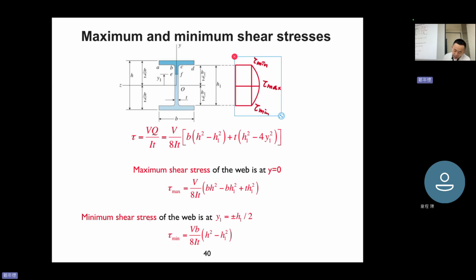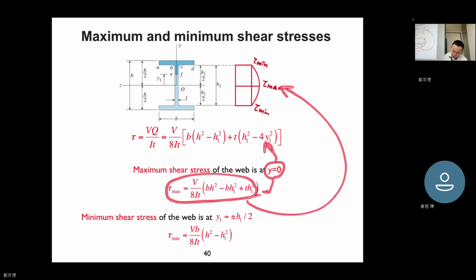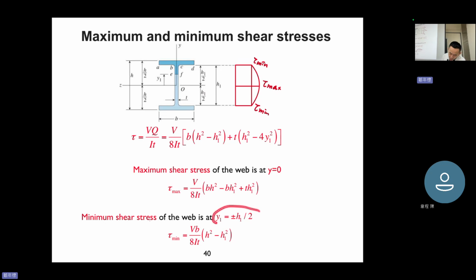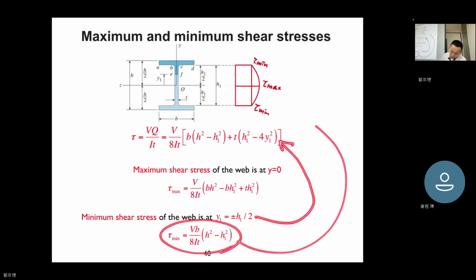Okay, so here, this is the I shape, and the tau looks like this. After we substitute y equal to 0 here, you can get tau max. And if you substitute y1 positive 1 minus h1 over 2, substitute here, and you can get tau minimum.